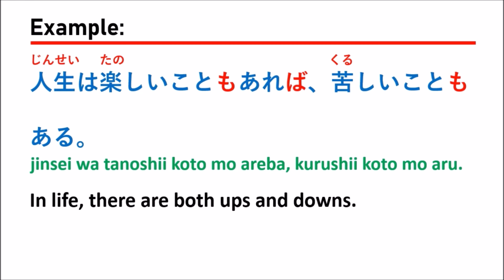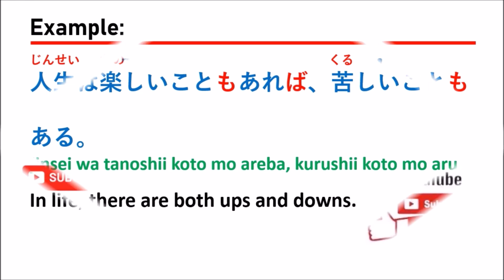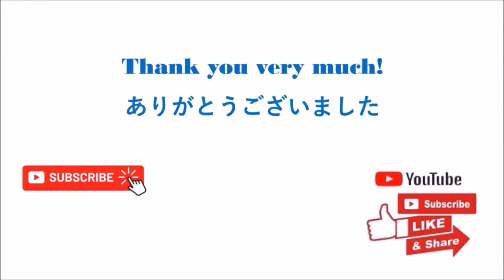So in this sentence they use 人生は楽しいこともあれば苦しいこともある, which means we compare enjoyment and pain in your life. So we can say in life there are both ups and downs. Ups means 楽しいこと, right? Downs is 苦しいこと.